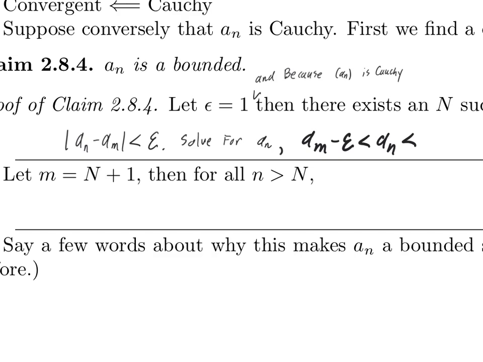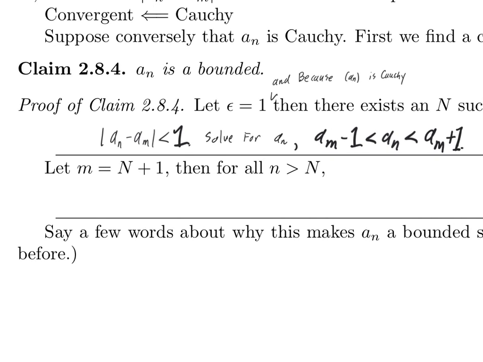Oh, and that epsilon is, of course, 1. Cool, so that gives me control over what a sub n can be.